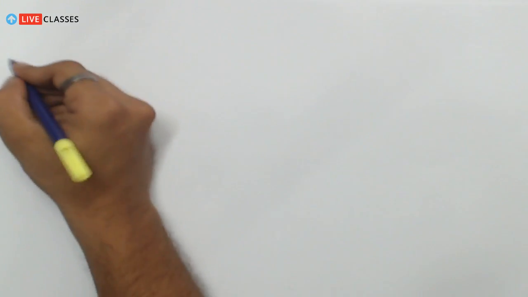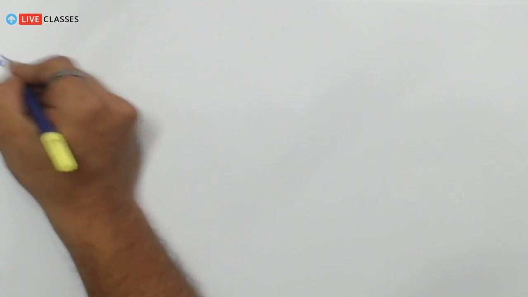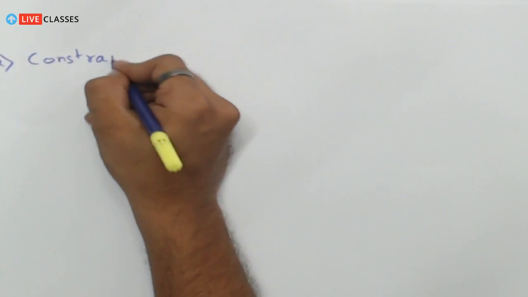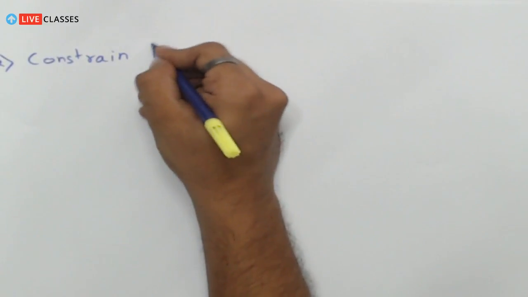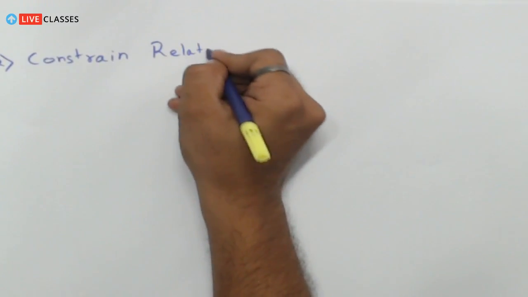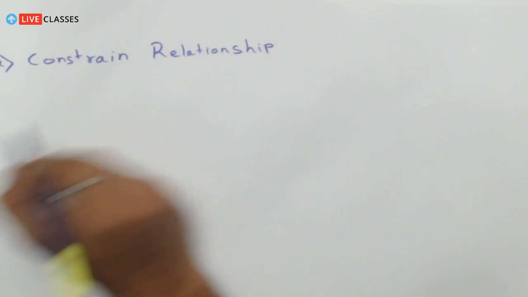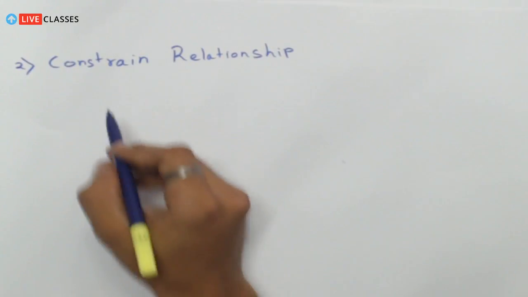So our next topic would be constrained motion. Constrained relationship actually. Sorry. Okay.